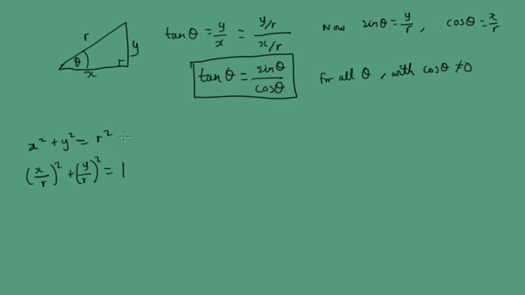So we've divided through by r squared. But from up here, x over r is cosine theta, y over r is sine theta, so this means cosine squared theta plus sine squared theta must equal 1.